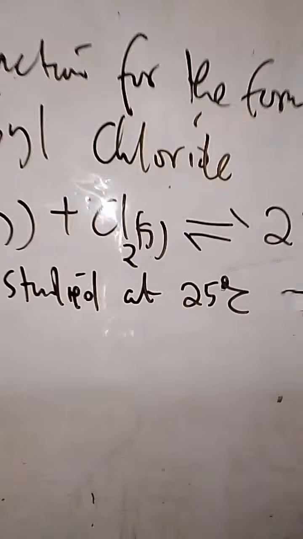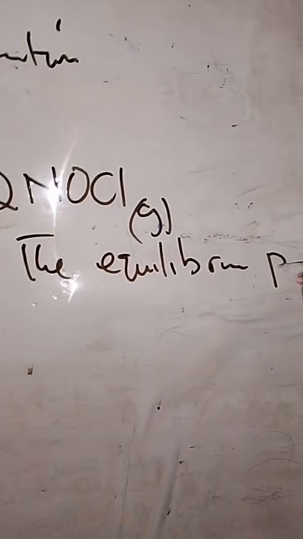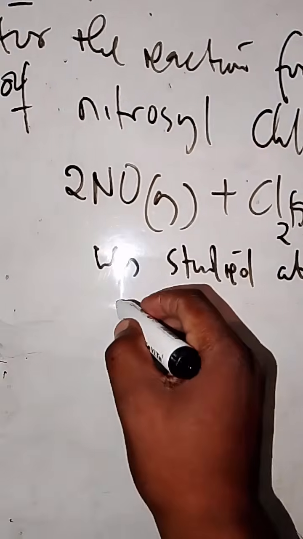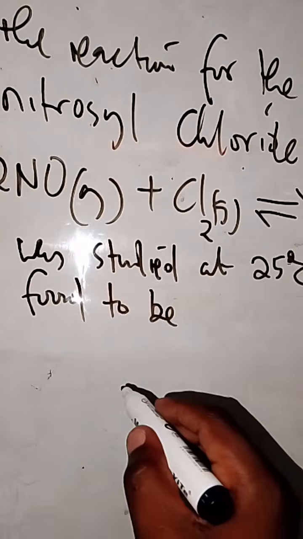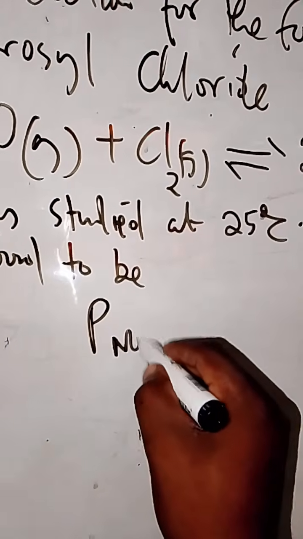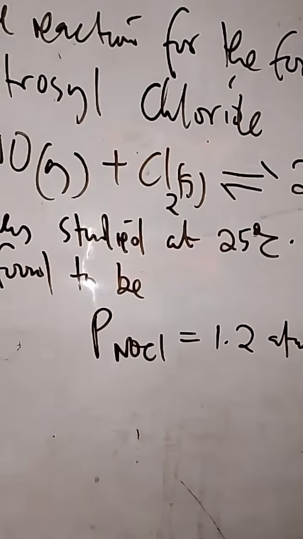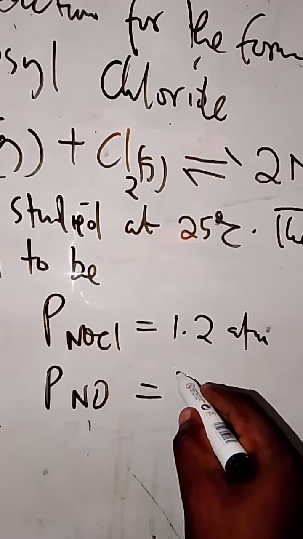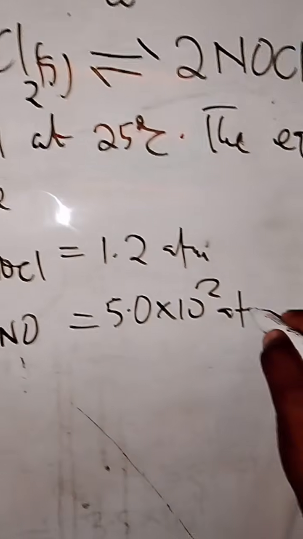The equilibrium partial pressures were found to be: equilibrium partial pressure of nitrosyl chloride is equal to 1.2 atmospheres, and partial pressure of nitric oxide is equal to 5.0 times 10 to the power 2 atmospheres.